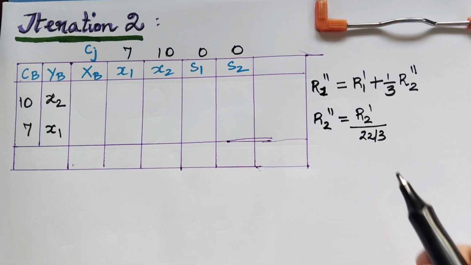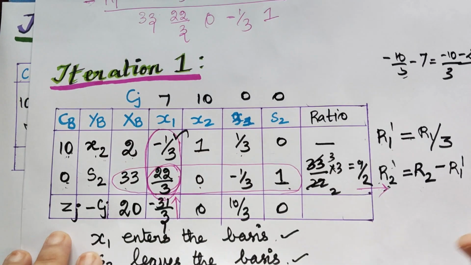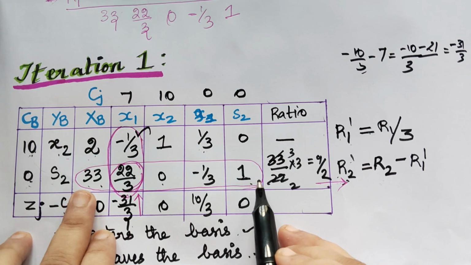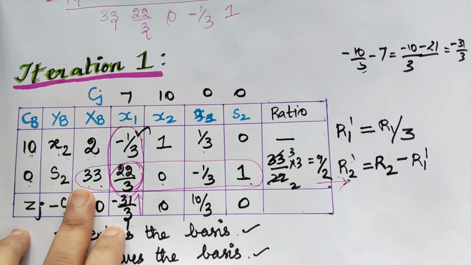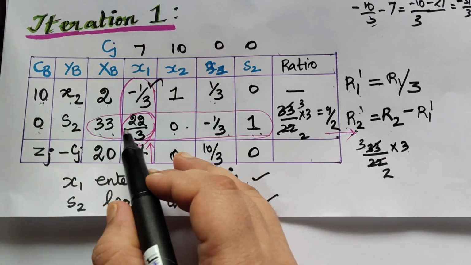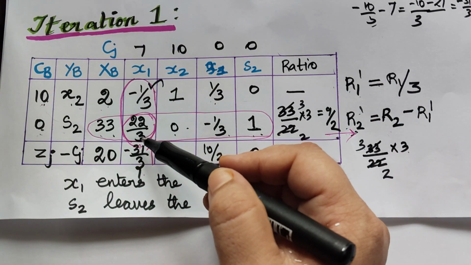Now first we will find R2 double dash, for which we should know the row R2 dash. So this is the row R2 dash. We have to divide all the elements of this row by the pivotal element, that is 22 by 3.